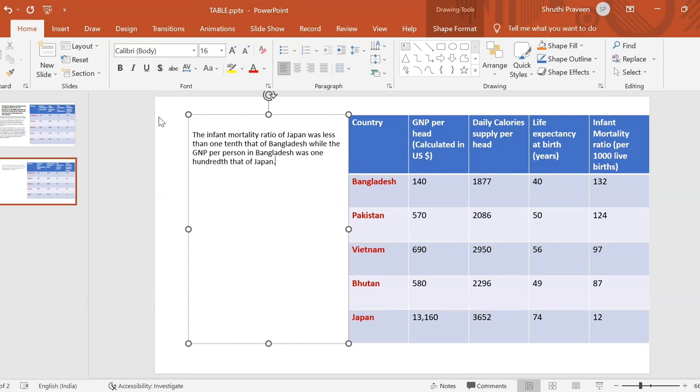Okay, now that I've mentioned the infant mortality rate as well as the GNP, I can take the life expectancy now. The life expectancy at birth was thrice more, because 40, life expectancy at birth was 40 years.